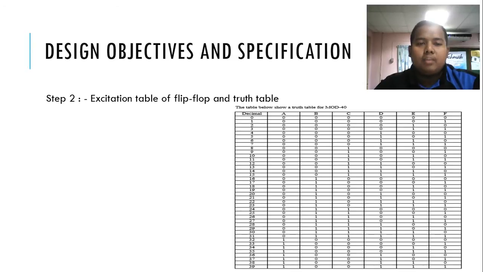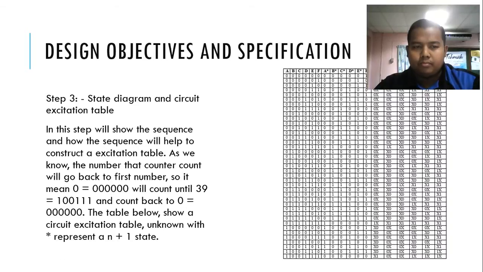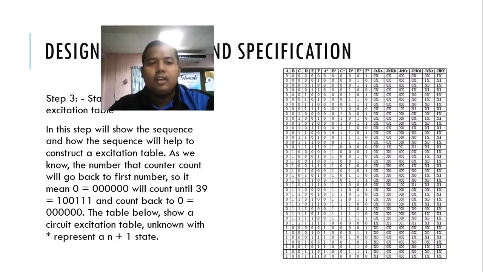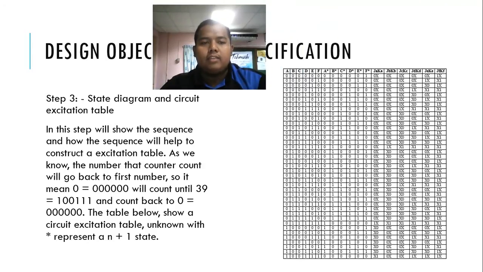For the excitation table of flip-flop and truth table, we can see on screen the result of the table. For the third step, the state diagram and circuit excitation table. This step will show how the sequence will help to construct an excitation table.